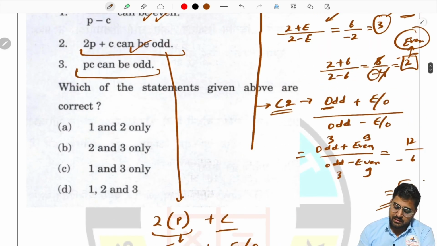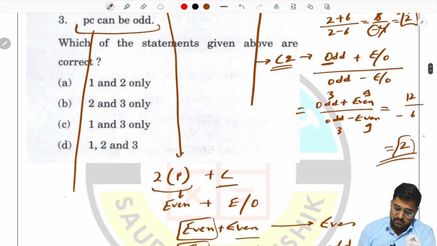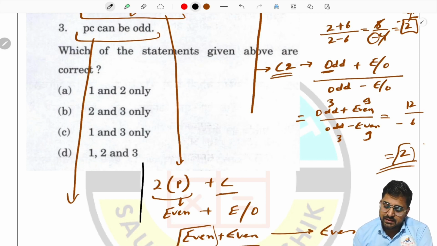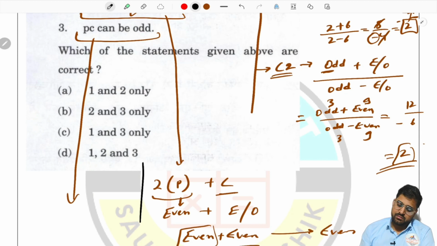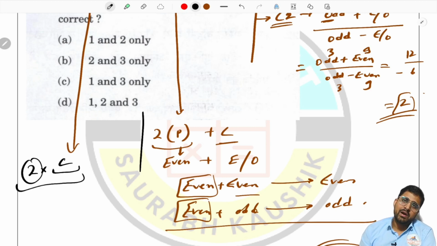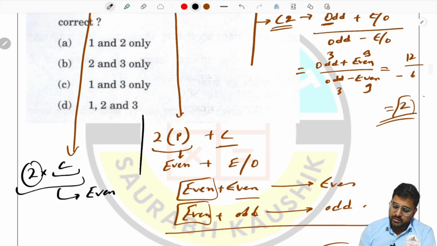Now let us come to the third situation, where it is said p plus c, p into c can be odd. If it is 2, 2 is the only even prime number, and it is multiplied by any composite number, it will be even automatically.